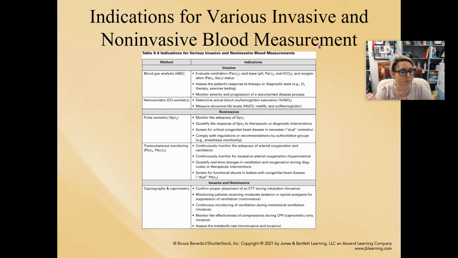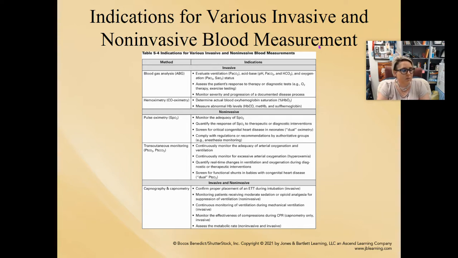So to determine the actual blood oxyhemoglobin saturation, you're going to have to order that co-ox, okay? Measure abnormal hemoglobin levels, and it's going to be carboxyhemoglobin, which is hemoglobin bound to CO, methemoglobin, or sulfhemoglobin.